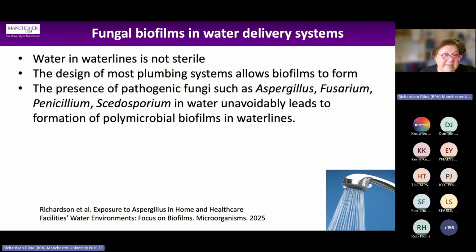You have your shower head, and if you don't clean it regularly and properly with bleach and a brush, you start seeing black growth around the holes of the water opening and in your shower. The presence of pathogenic fungi like Aspergillus and Fusarium, Penicillium for allergies, and Scedosporium will lead to biofilms in the water lines, and that's just how it works.